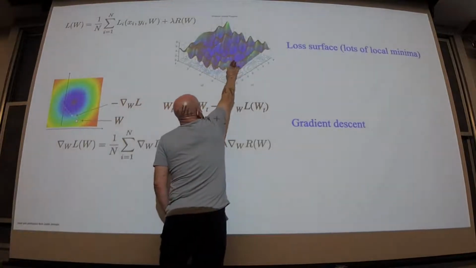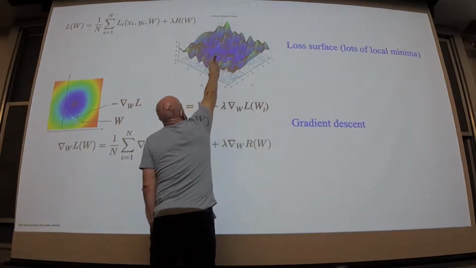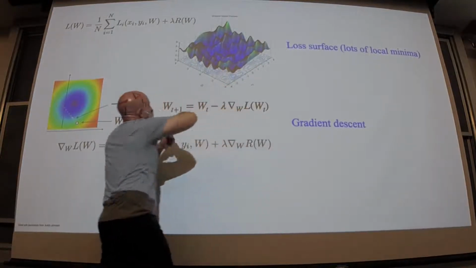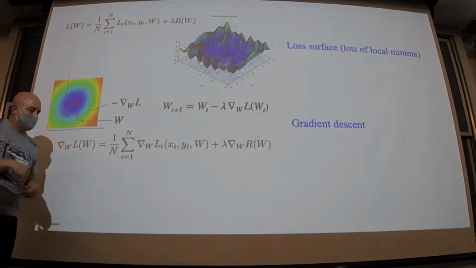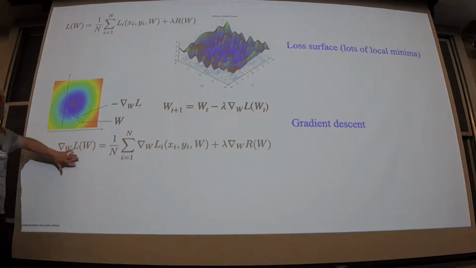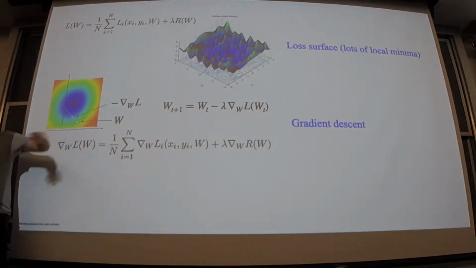If I'm somewhere over here and I want to walk down, it's pretty smooth this way. But if I'm at the top, maybe it curves so much that if I take a really big step, I walk over all of the minima locally. Anyways, in general, this is what you want to do. This is gradient descent.